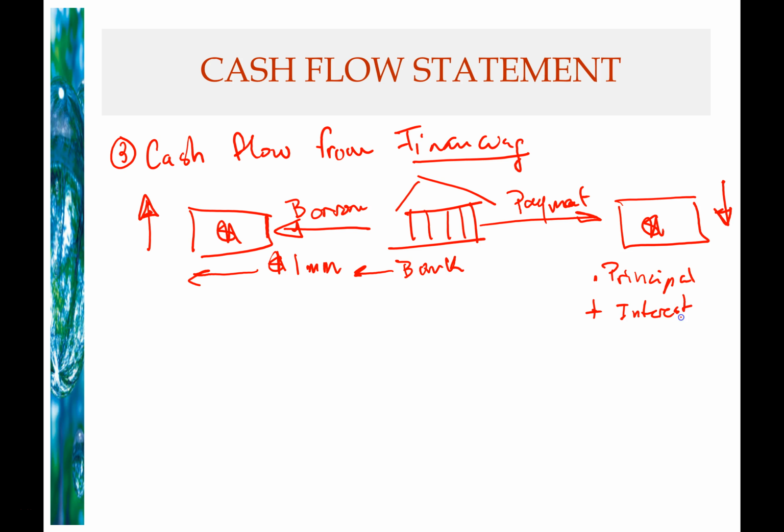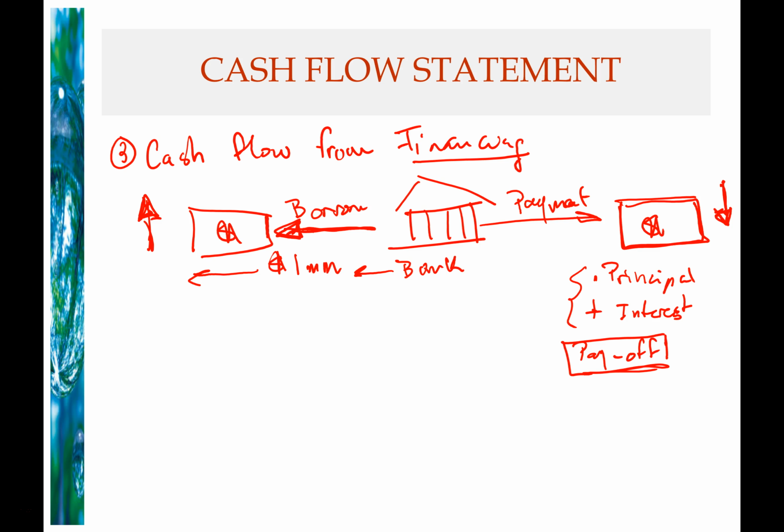These are your debt payments. Principal and interest is short term, or you pay off the loan. This is your long term. So every time you make a payment, your cash will decrease. Every time you have an inflow, you borrow money from your bank, the cash will increase. Okay, as easy as that.